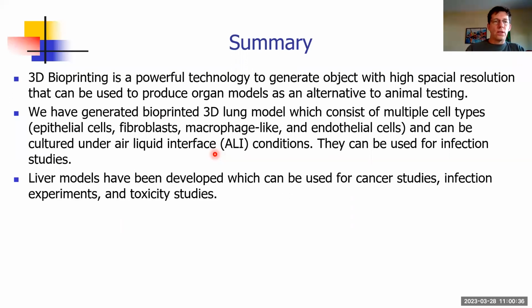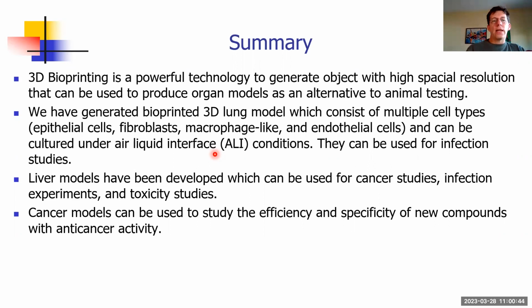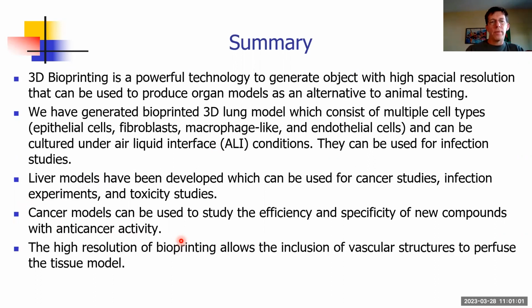We've also used a liver model, which can be used for cancer studies, and we also currently carry out some toxicity studies. And then I demonstrated to you our cancer models, which we think can be used to differentiate new candidates of anti-cancer drugs with respect to their efficiency and their specificity for the cancer cell as compared to the healthy environment.